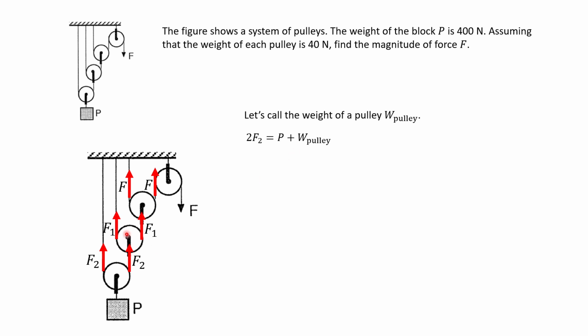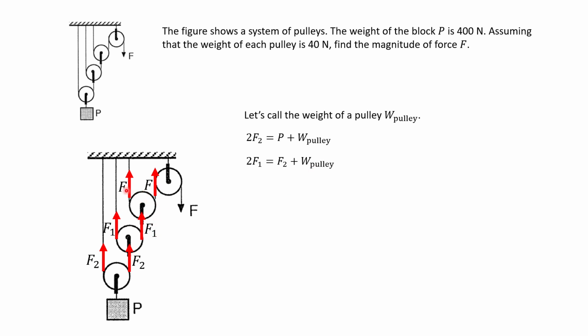Now, what about the equation here? Well, here F1 plus F1 are holding up the pulley and the tension force that's pulling it down. So 2F1 has to be equal to F2 plus W. What about here?